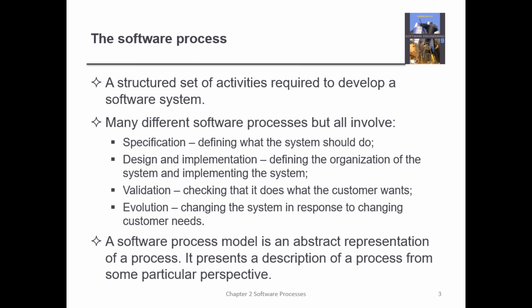So there are several models that guide us, and it depends on the type of software and what the software engineers want to choose a suitable model for the software system. So this model presents a description of a process from some particular perspective.